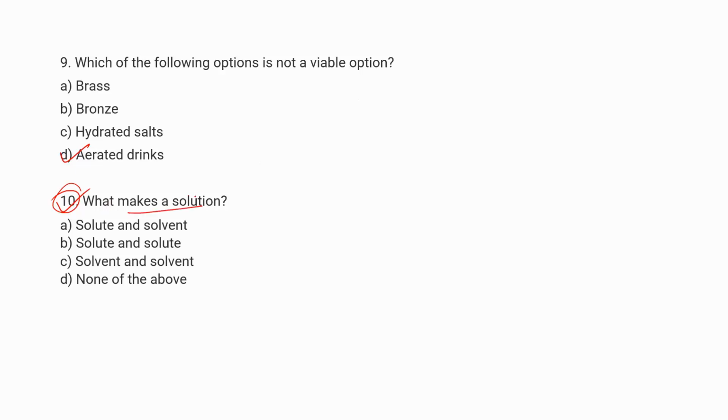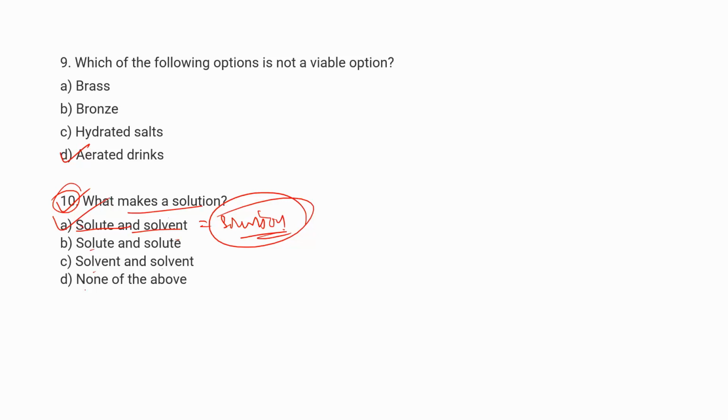That is very easy. When the solute and the solvent are there, it will make a solution. Not solute, not solvent, none of the above. That I already taught in the first class also. When solute is there and solvent is there, it will make a solution.